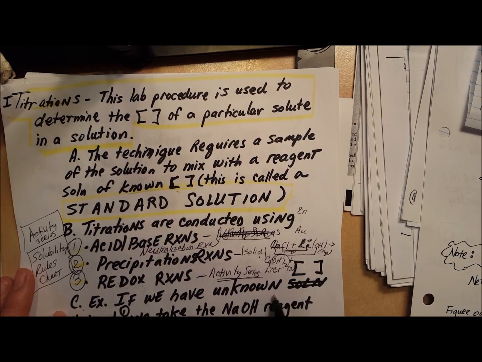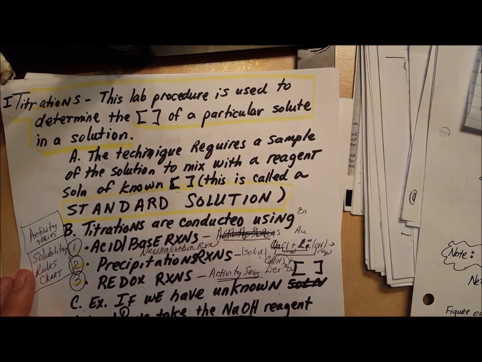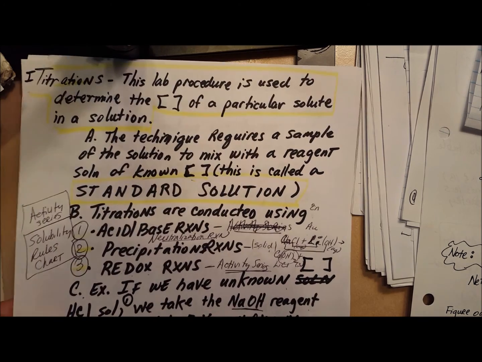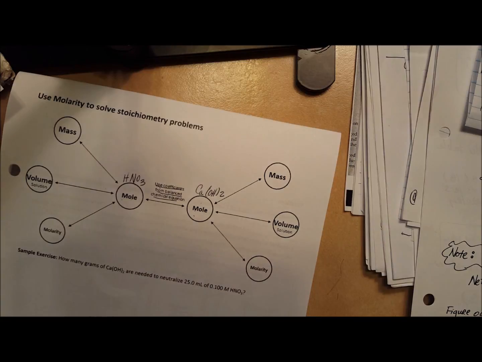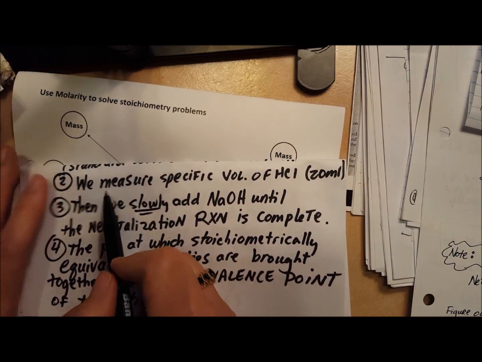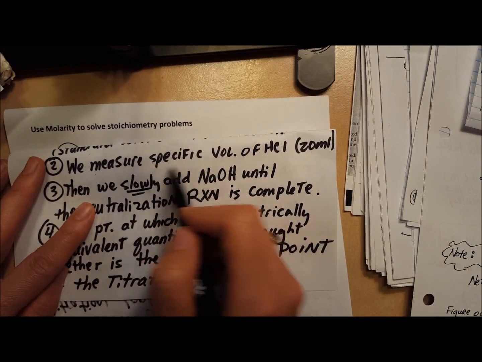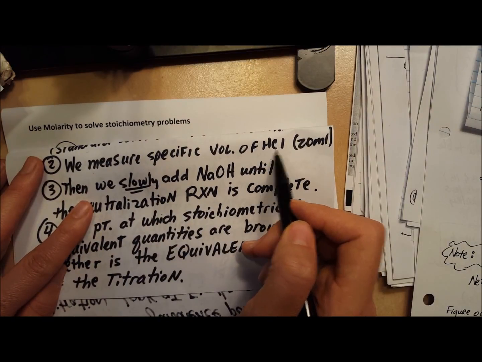If we have an unknown hydrochloric acid solution, we take the sodium hydroxide reagent, which is the standard solution of a known 0.1 molarity. We measure a specific volume of hydrochloric acid.